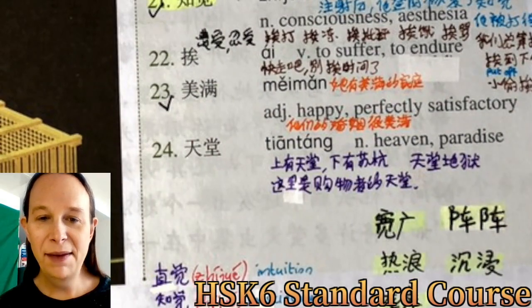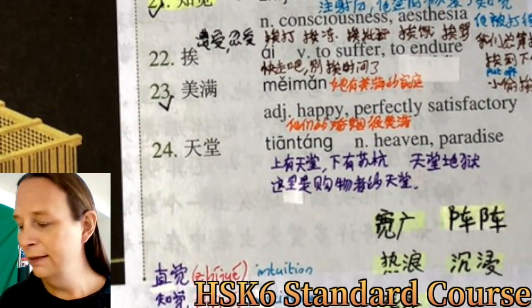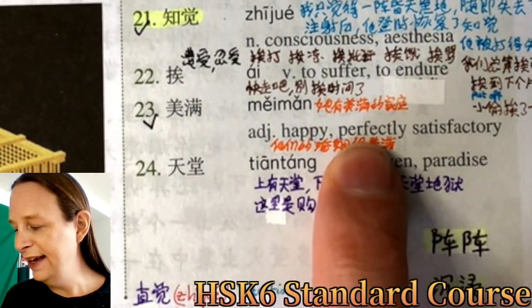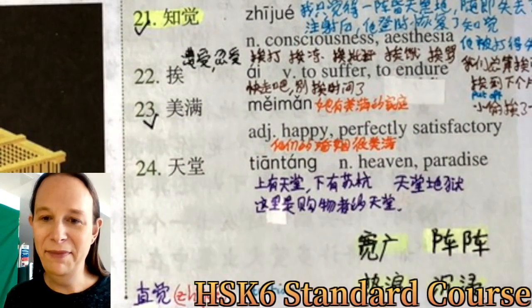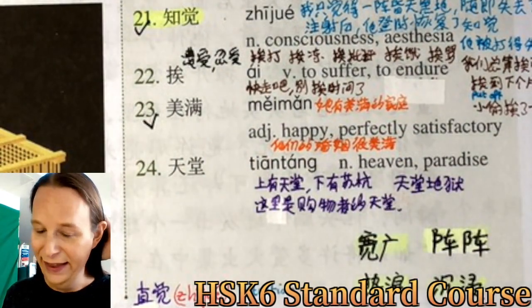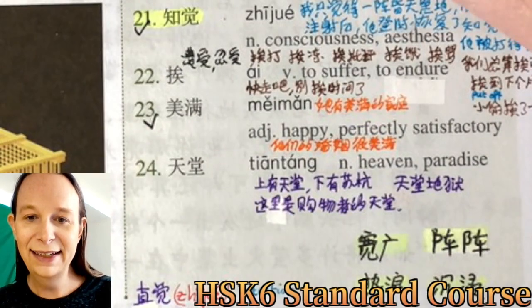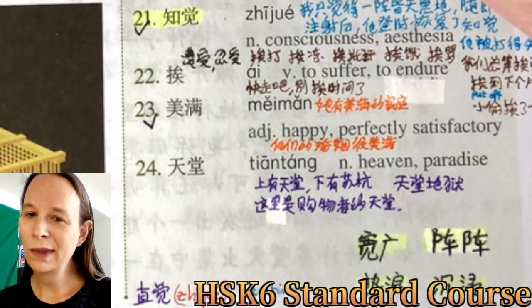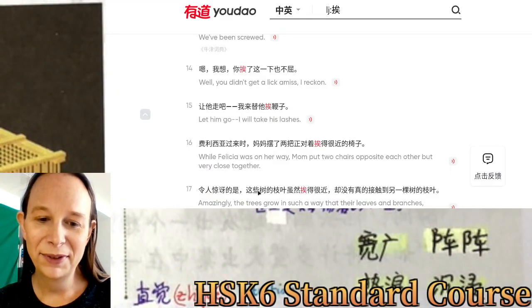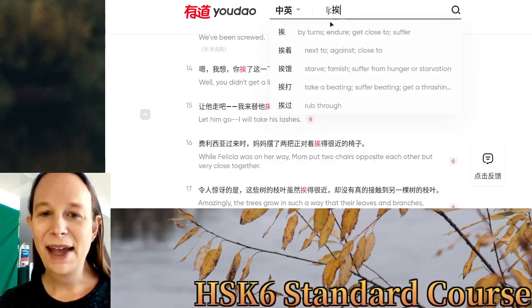美满. 美满 is an adjective. Usually, yeah, this is kind of what it means, but it's not used to describe everything possible. It usually just describes people's life, right? 美满的生活.